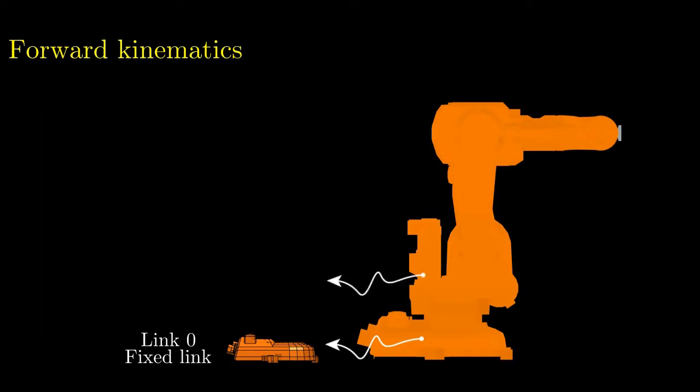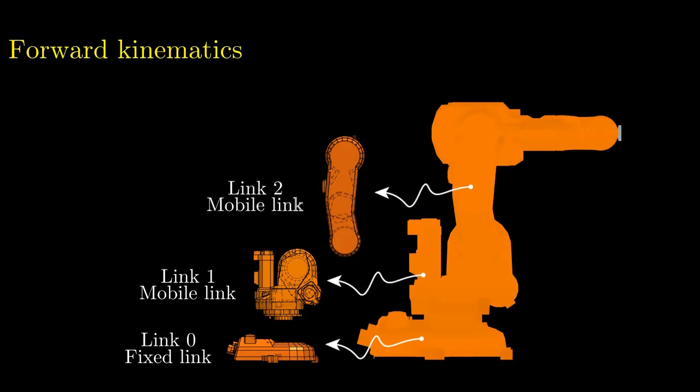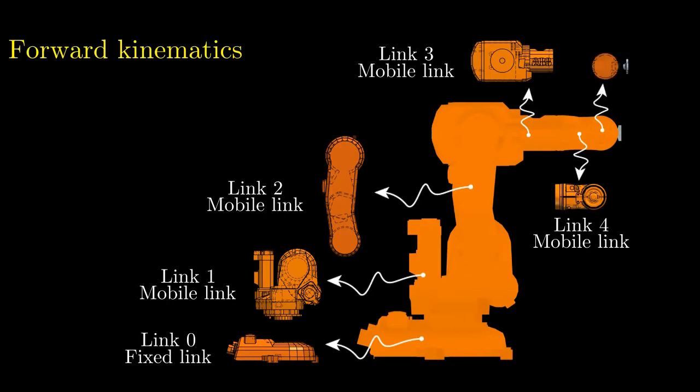Then, the first mobile body located on the robot base is named the first link, and successively, the second link is the given definition for the body attached to the first mobile link. The third link is the body attached to the second link. The body attached to the third link is defined as the fourth link. And finally, the body attached to the fourth one is defined as the fifth link.